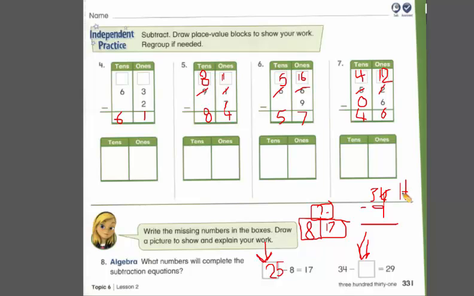I regroup 1 ten from 3. 3 now becomes 2. It gave 10 to the ones. I have 14. So 14 minus 9 equals, sorry, here 29. 14 minus 9 equals 5.